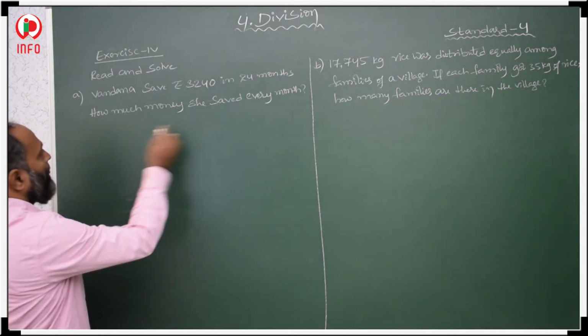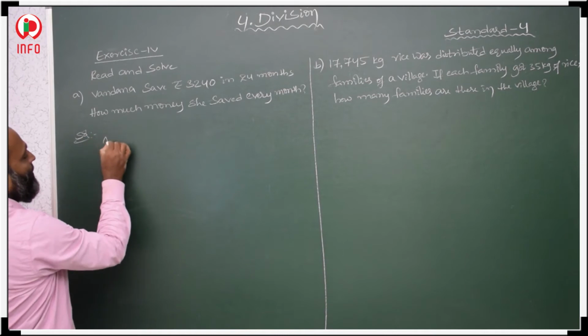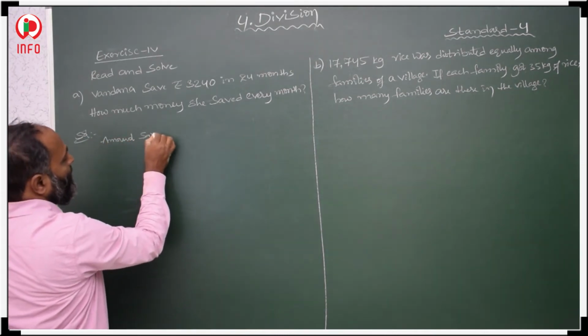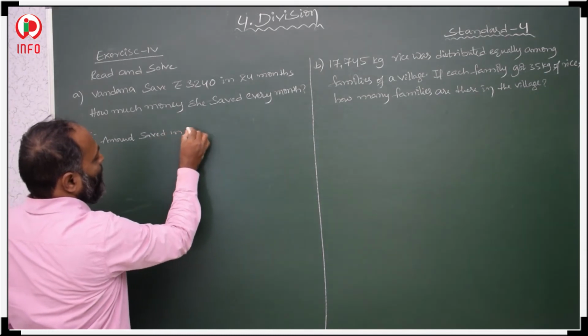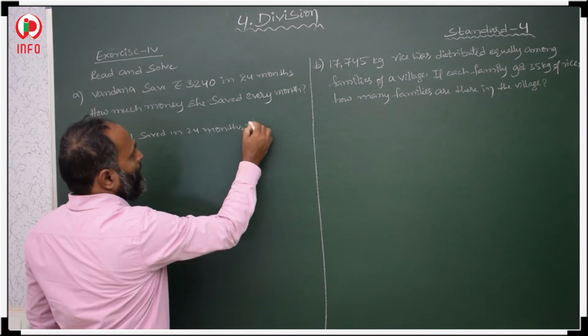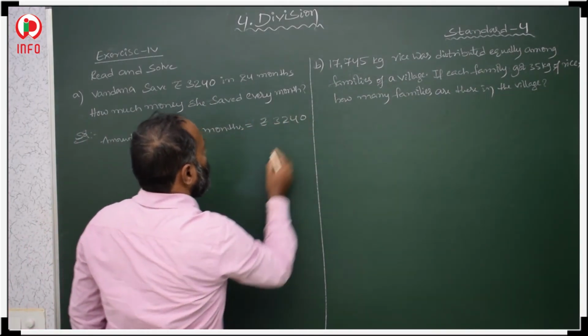So the solution: amount saved in 24 months is 3,240.